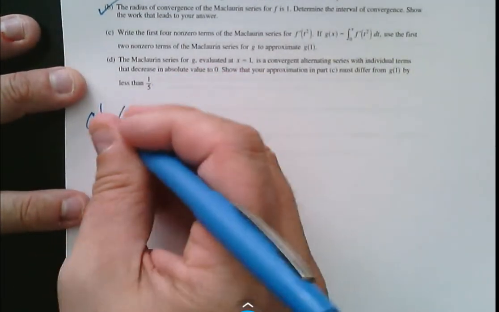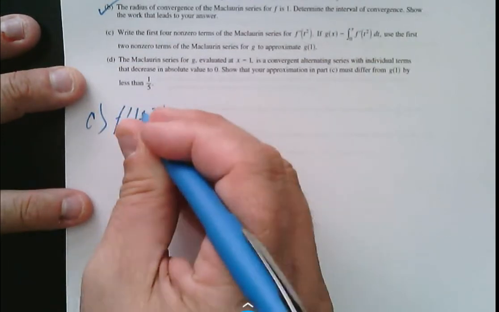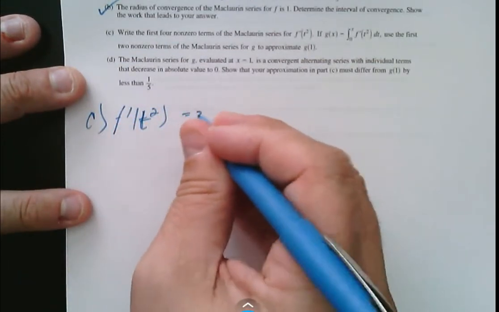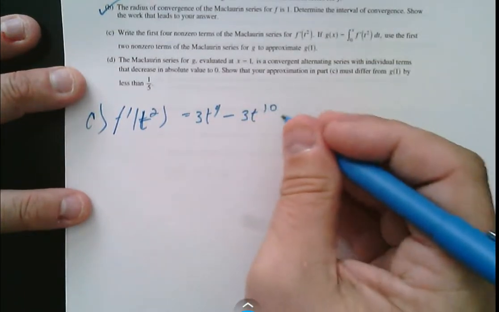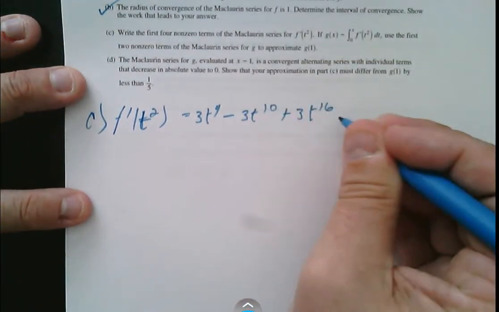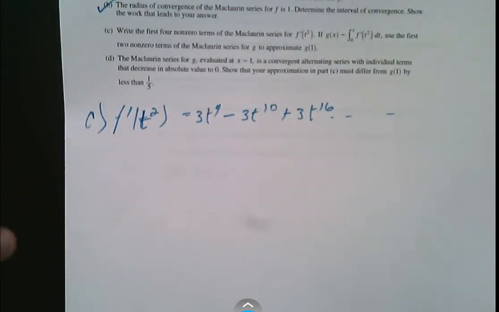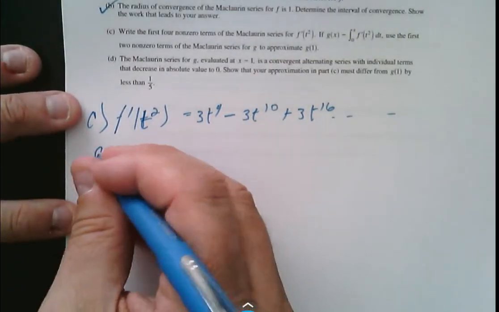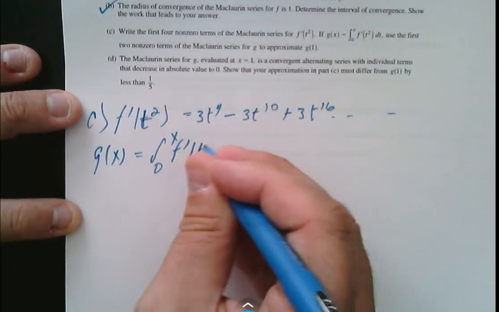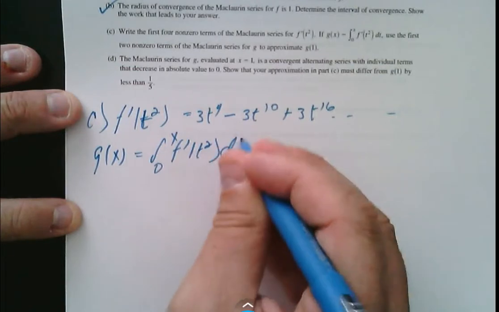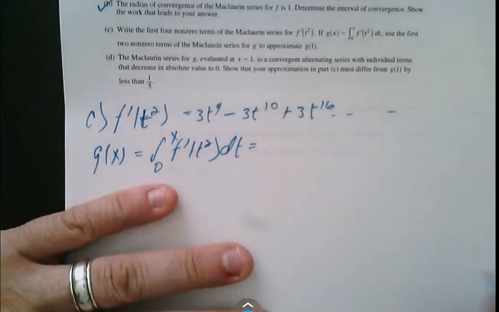When you've done your work, you're going to see that f prime of t squared equals 3t to the 4th minus 3t to the 10th plus 3t to the 16th, and so on. G is the integral from 0 to x of f prime of t squared with respect to t.